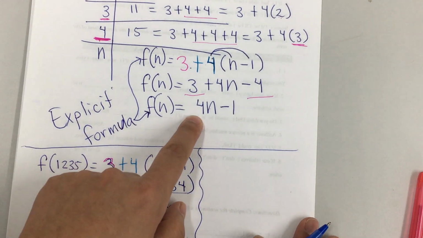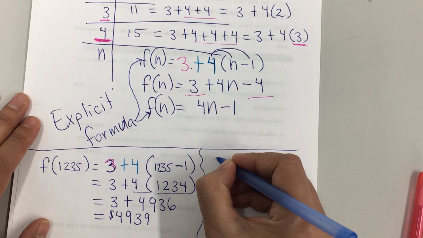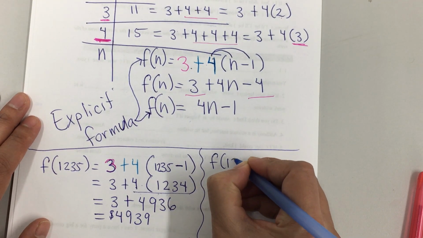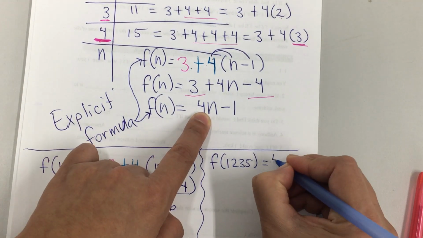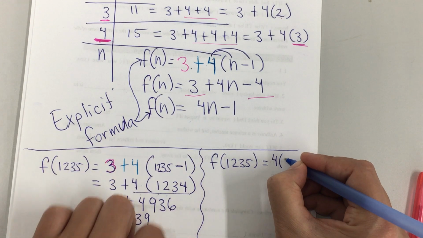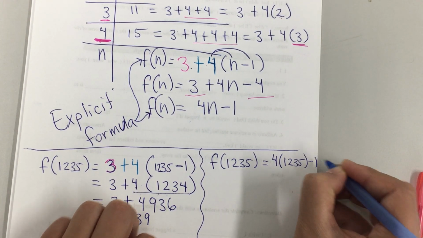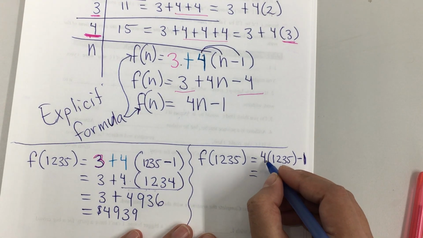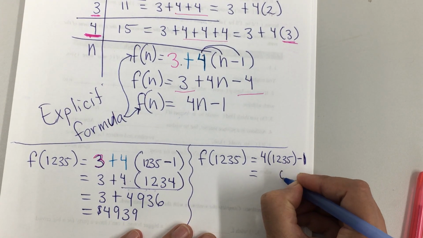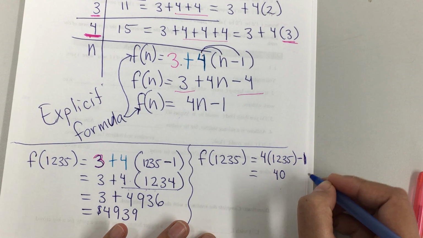Now let's use the explicit formula in simplified form. So it's going to be f of 1235 equals 4 multiplied by 1235 minus 1. That equals 4 times 5 is 20, carry 2. 4 times 3 is 12, and 2 is 14.